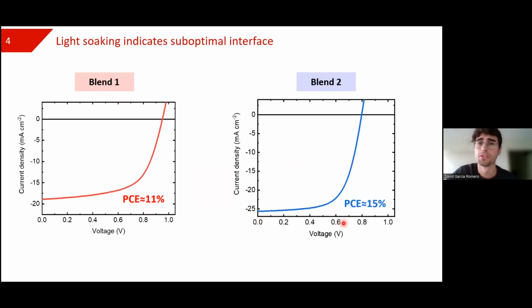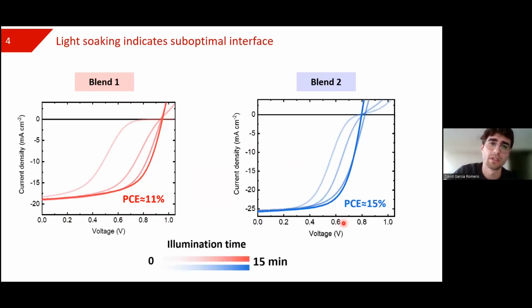Now, I'm not showing everything here. If I'm fully honest, in order to get this efficiency and this good diode shape of the solar cell that we are expecting, it actually required around 15 minutes of illumination time, so that this S-shaped JV can become an ideal JV curve.